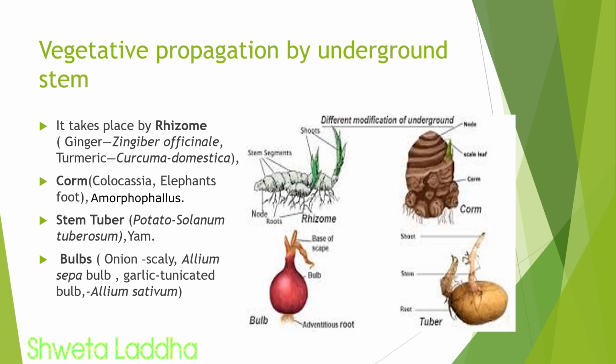Whereas the food is stored in the fleshy leaves, which are either present in the form of fleshy pods or the leaves themselves are arranged in concentric circles storing food. But here the reduced disc shaped stem serves the purpose of vegetative propagation by its apical bud.